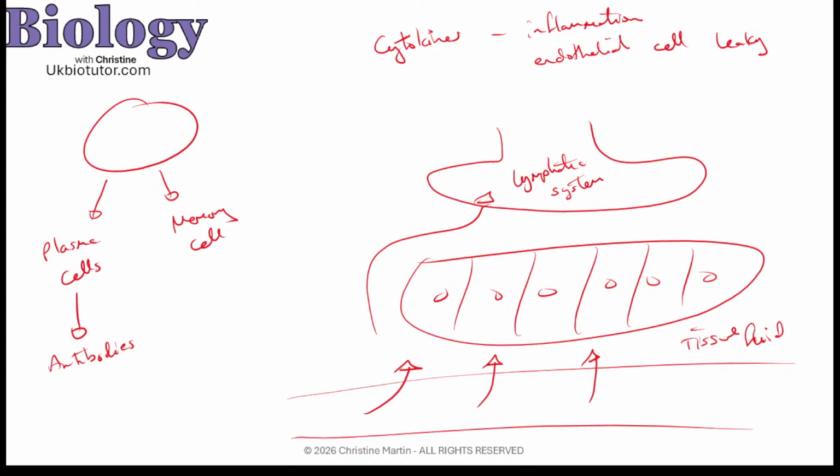It depends on the type of cell and what they need to do. That's going into more detail than you need to know. You just need to know that it becomes an antigen presenting cell. That would be my advice on that one.